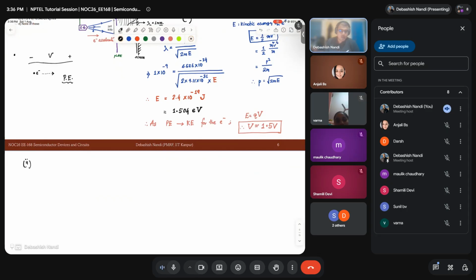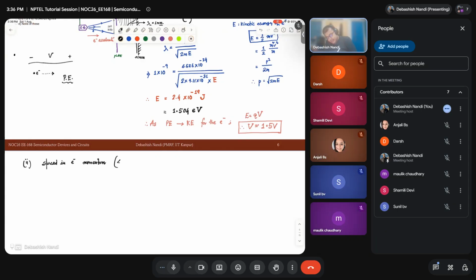Say they want us to find out the spread in electron momentum, that is delta P. How do we find that out?